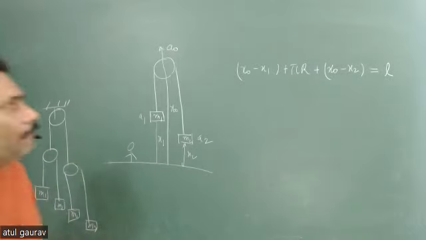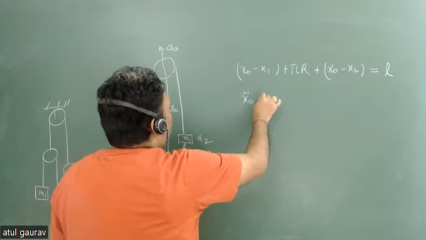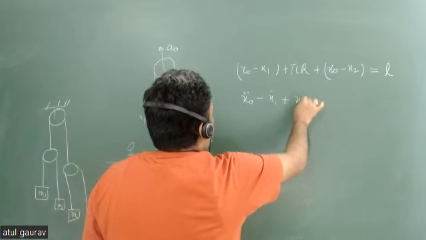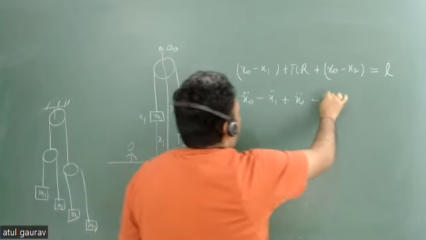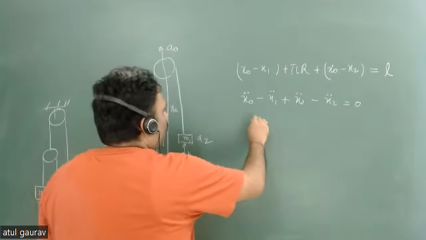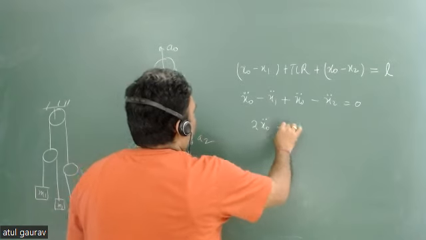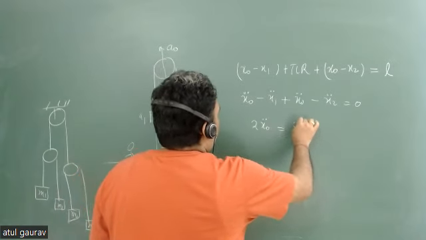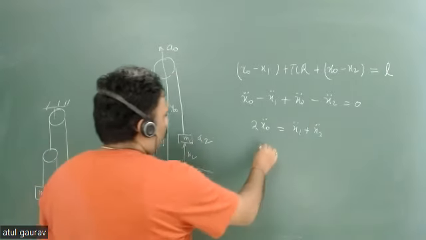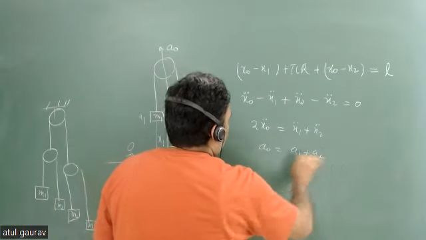So from there you can just differentiate: X0 double dot minus X1 double dot plus X0 double dot minus X2 double dot is equal to 0. And what do we have? 2 times X0 double dot is equal to X1 double dot plus X2 double dot. So A0 is equal to (A1 plus A2) by 2.